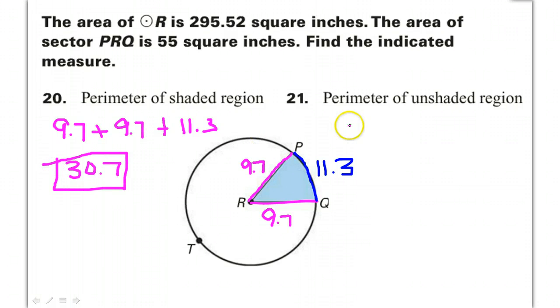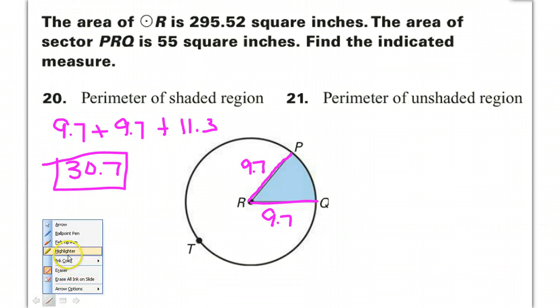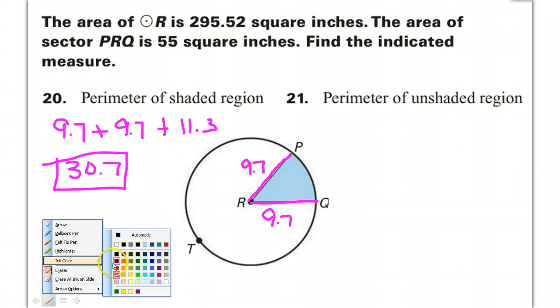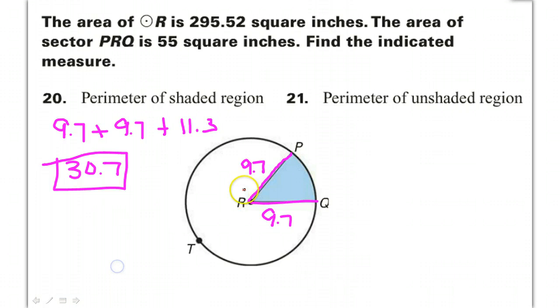Now, for number 21, we need to do the perimeter of the unshaded region. Okay? So let me modify this a little bit. All right, let me get rid of that blue part. Now, the unshaded region, let's see. This part in pink is part of the perimeter of the white part, the unshaded region.